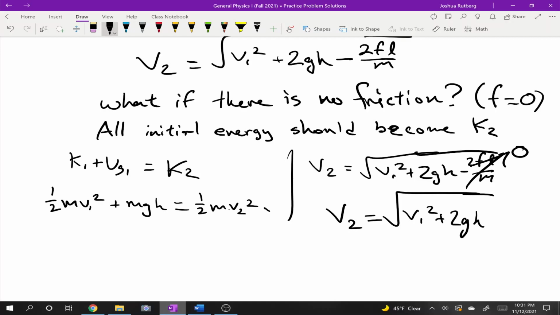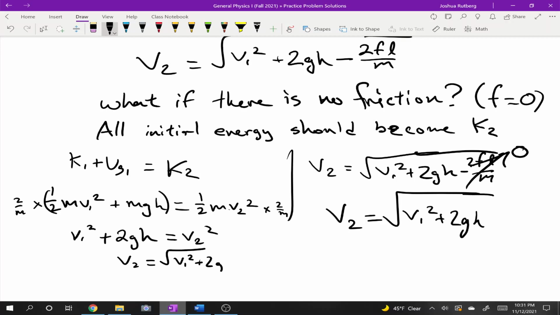So I'm going to multiply both sides by 2 over m. I get v1 squared plus 2gh is equal to v2 squared. v2 is equal to the square root of v1 squared plus 2gh.